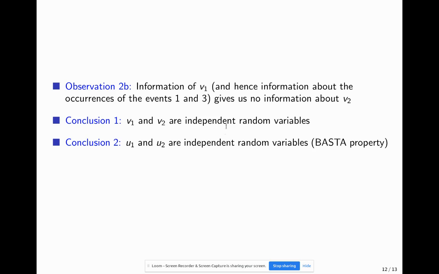The events 1 and 2 are Bernoulli arrivals within the definition of a geometric distribution, of course. From the BASTA property, it follows that also the random variables U1 and U2 are independent, which were the system contents at the beginning of a random slot in steady state.